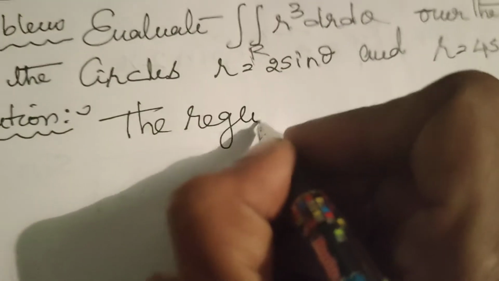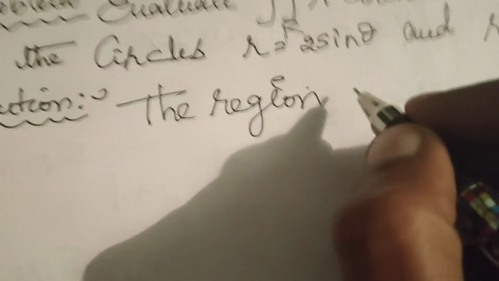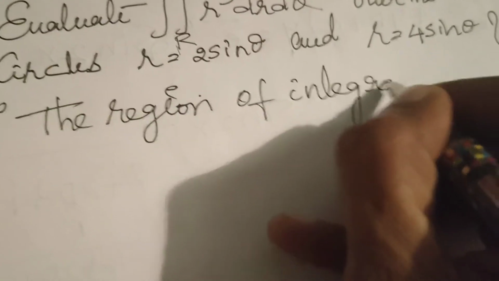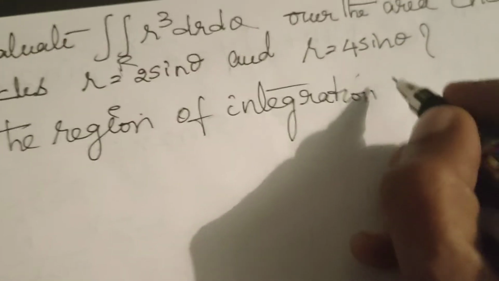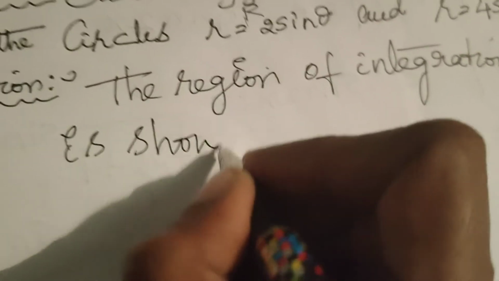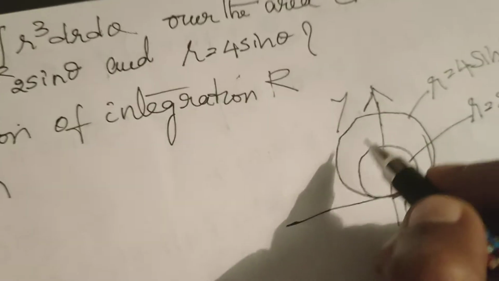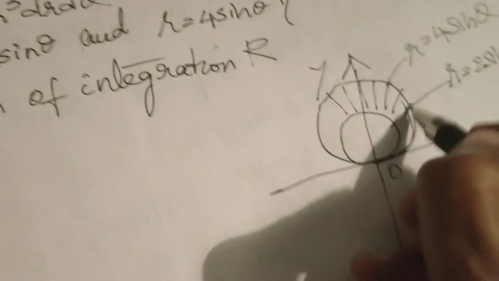Next, the region of integration is shown shaded here, in between the two circles.